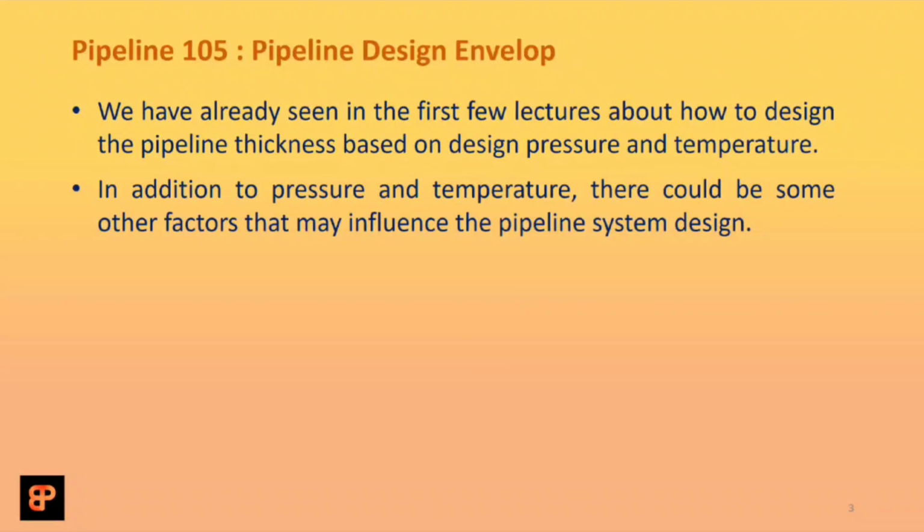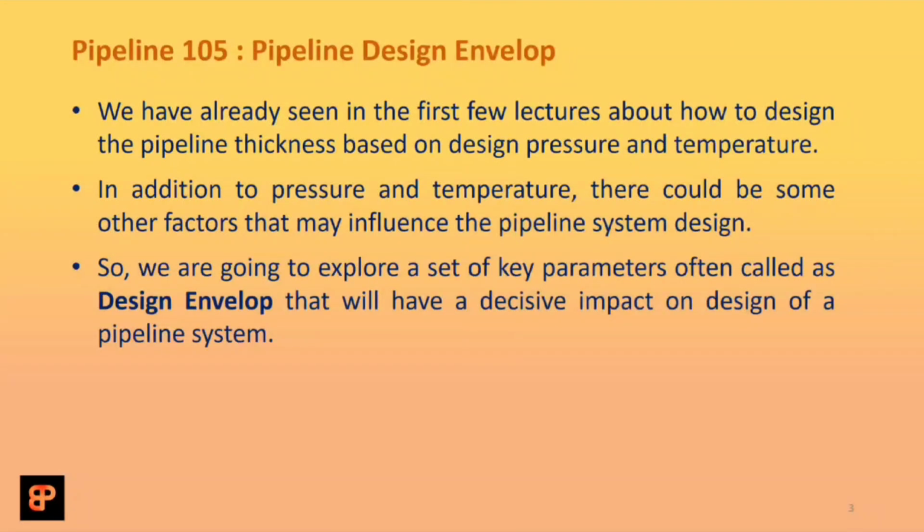In addition to pressure and temperature, there could be some other factors that may influence the pipeline system design. We are going to explore a set of key parameters often called the design envelope that will have a decisive impact on the design of a pipeline system. It will have techno-commercial as well as environmental impact on our decision. So these parameters are very important.